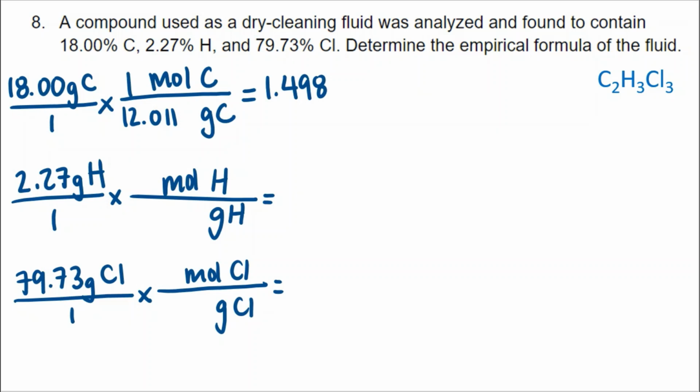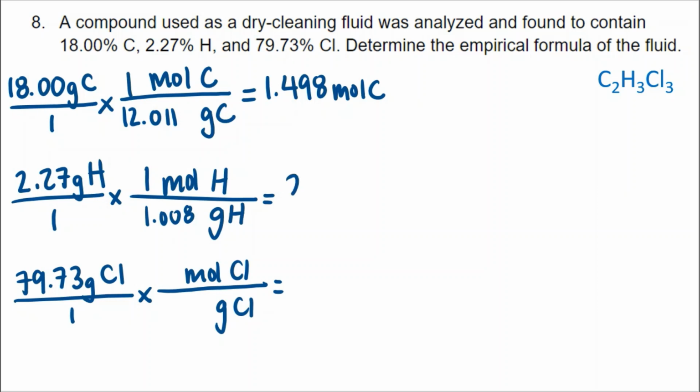I recommend that you at least write out 3 decimal places whenever you're doing this. Otherwise, you might not get predictable numbers like we're looking for here. So I'm going to put moles carbon. 1 mole of hydrogen is 1.008 grams. So I'm going to go ahead and do my math here.